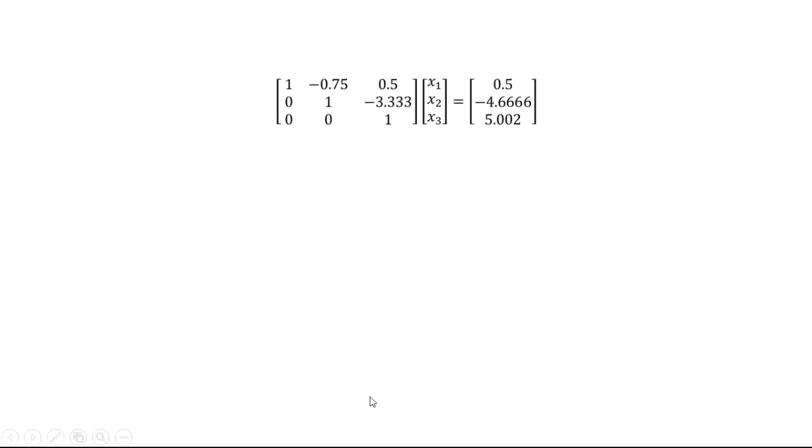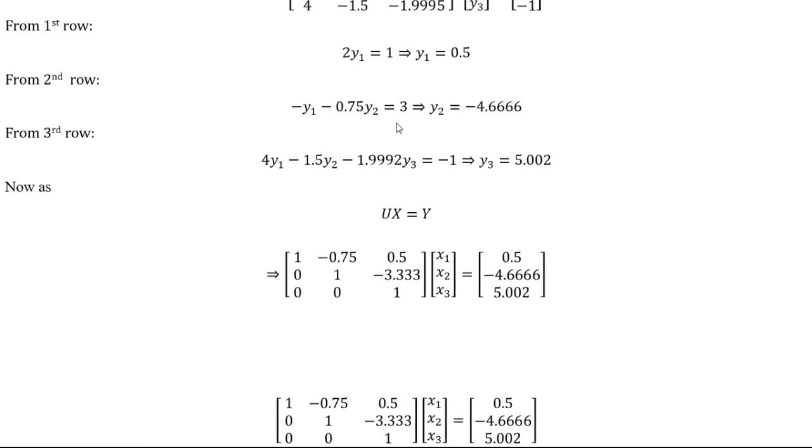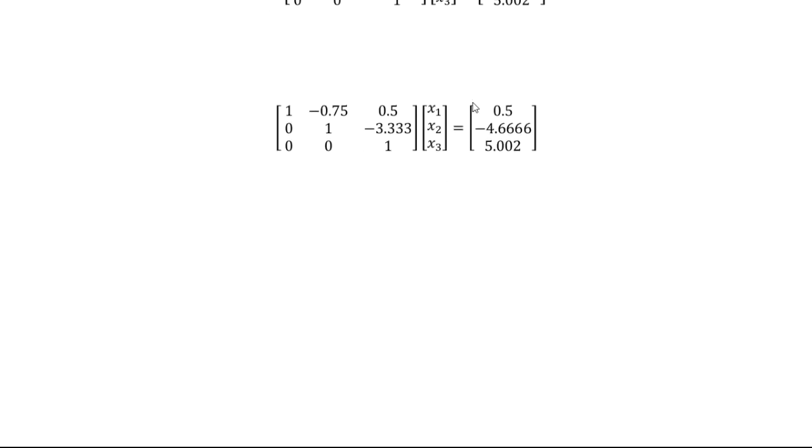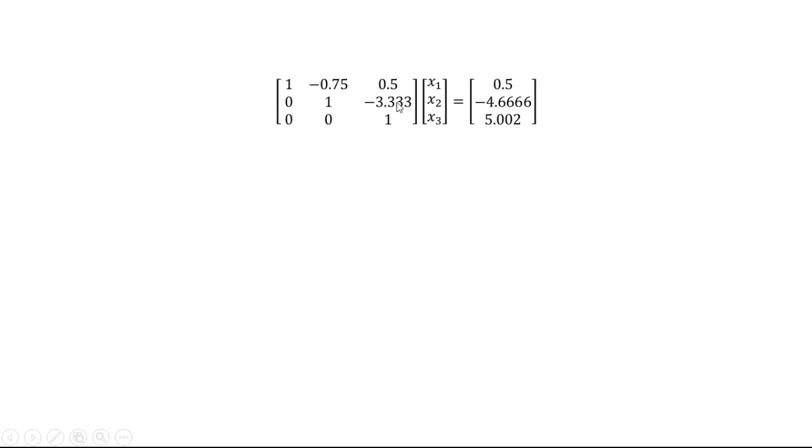In this system, we will start from the third row, because we found the values of y1, y2, y3 in ascending order, since we had the lower triangular matrix multiplied with the unknown values, and now we have the upper triangular matrix with the unknown values. So we will start from here and go upward.